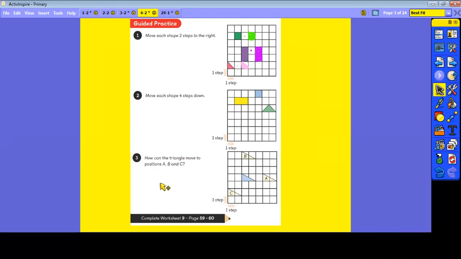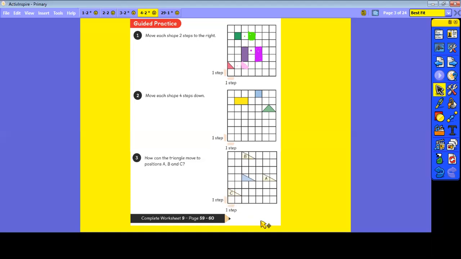Oh, so you're writing some instructions this time. How many steps to the right or left or up or down would you need to move this blue triangle to get it to A and then to B and then to C separately? Do you think you can do that, children?